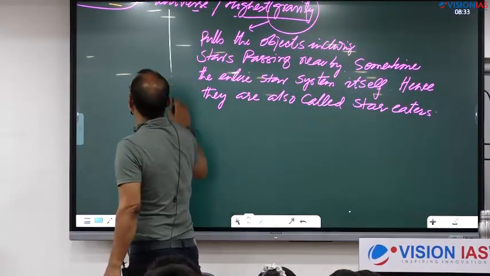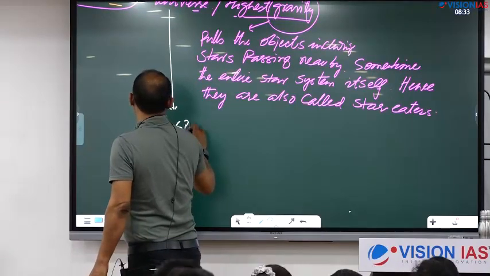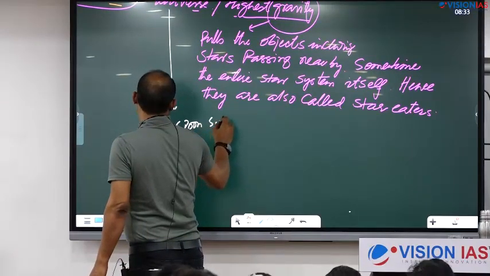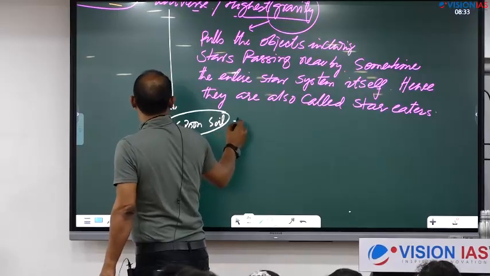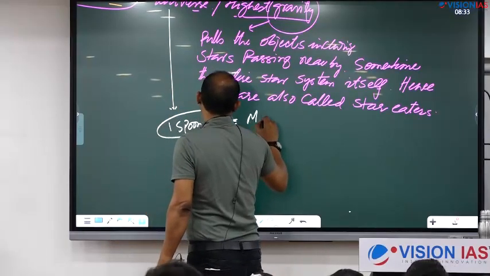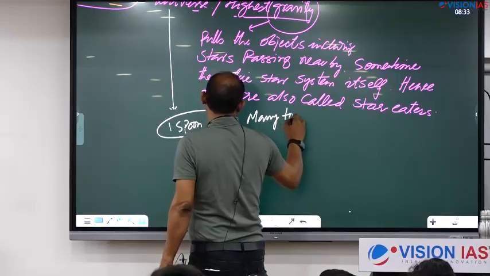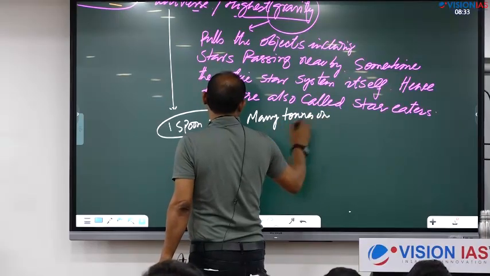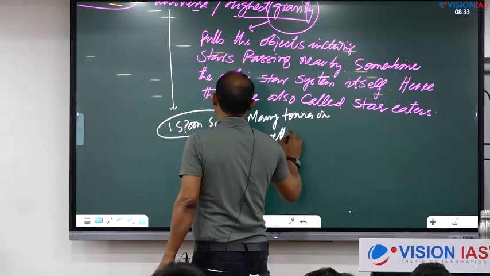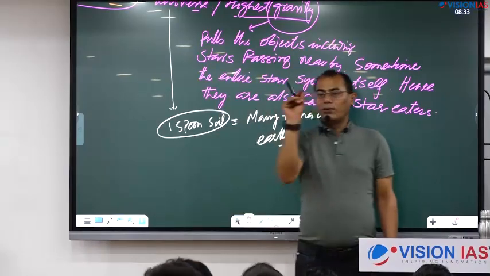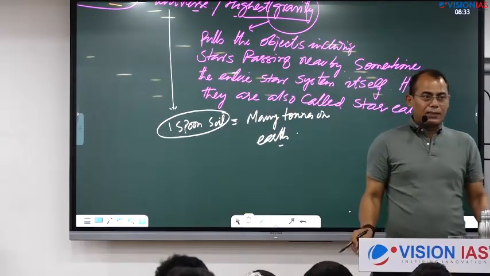It is estimated that 1 spoon of soil of a black hole will weigh many tons, 50 tons at times, on Earth. Imagine the amount of gravity it has, the compactness it has.